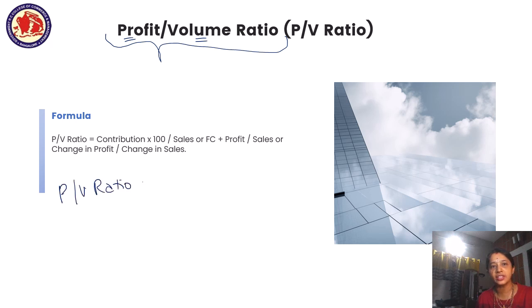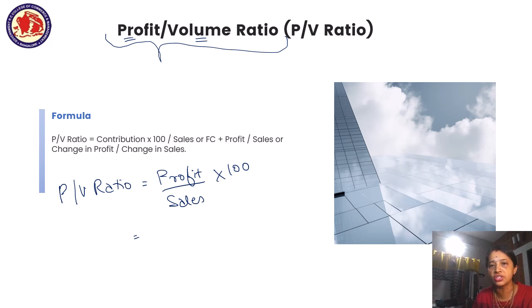So PV ratio is calculated using the formula profit divided by sales into 100 if you want the answer in percentage. Now profit, we don't talk about the final profit.